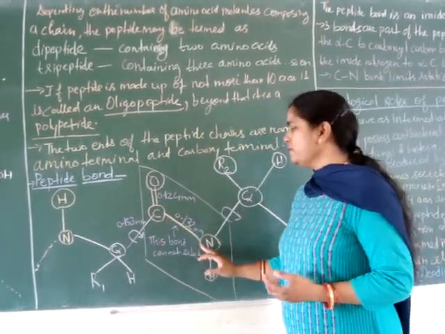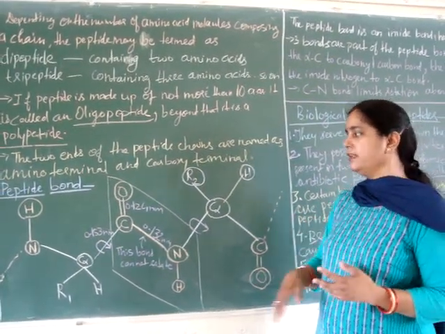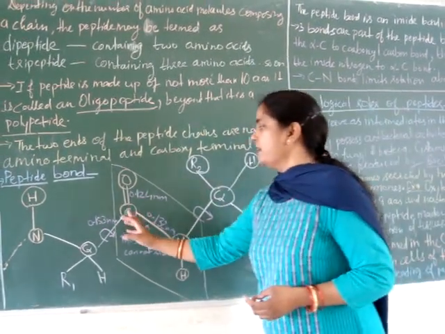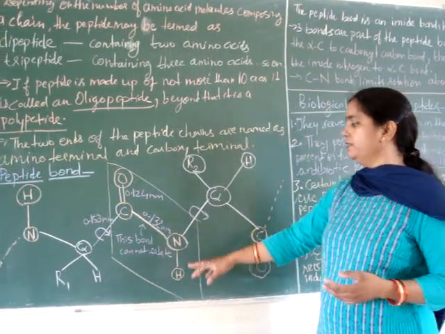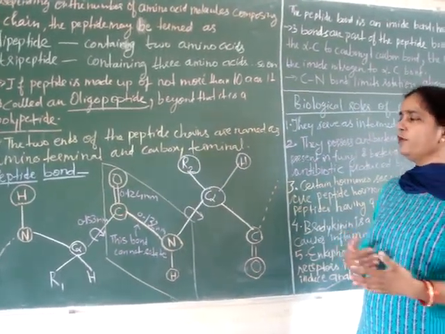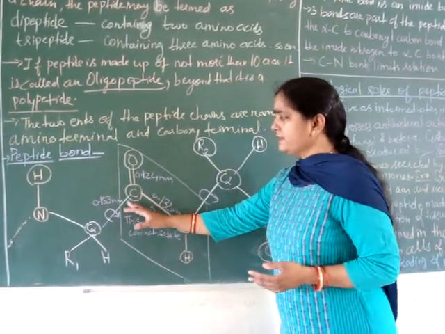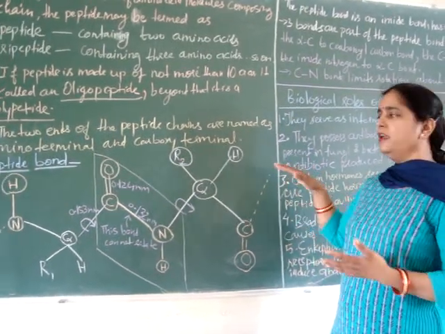So actually this bond has partial double bond character, and that's why this bond cannot rotate, while the carbonyl carbon and alpha carbon atom bond can rotate, and the bond present between the amine nitrogen and alpha carbon atom can also rotate. So you can see here all the atoms which form the peptide bond are present in a plane.